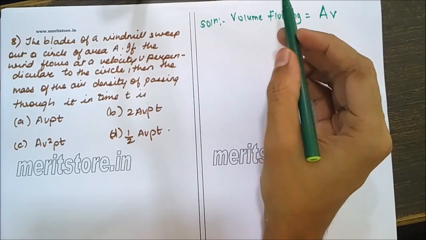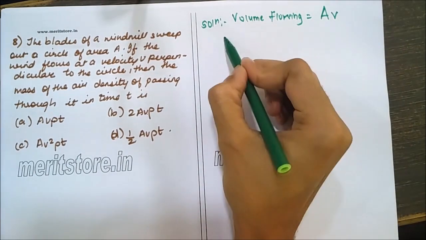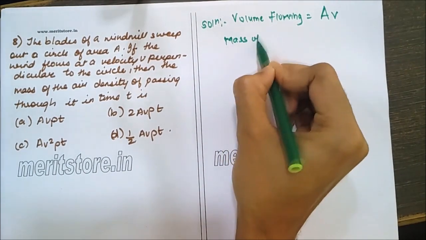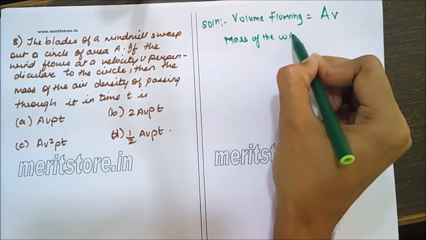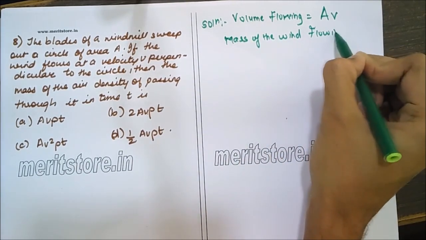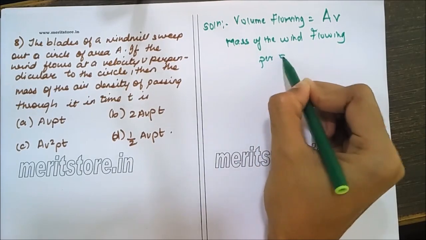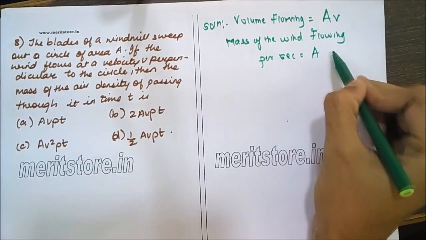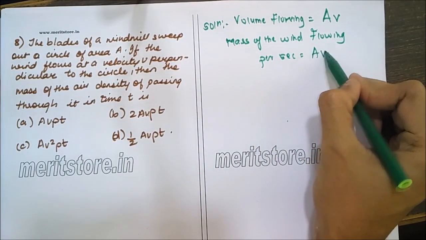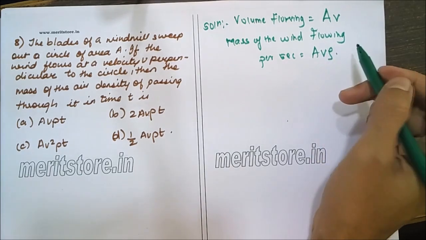So the mass of the wind flowing per second will be the area of cross section, the area of the circle it sweeps, multiplied by its velocity multiplied by the density rho.